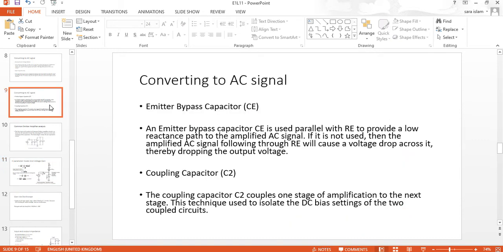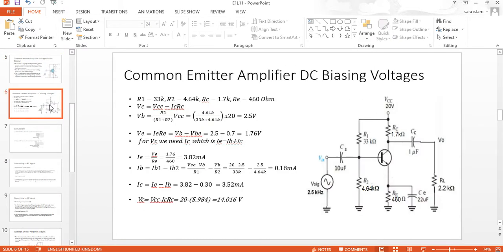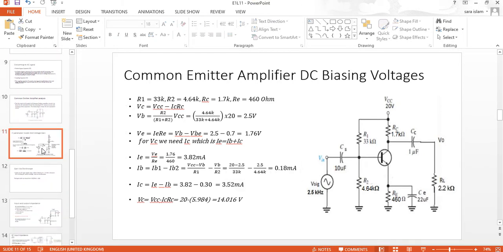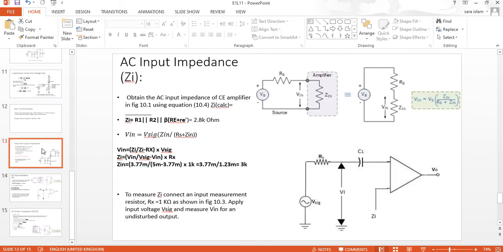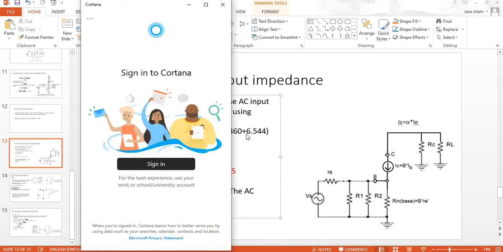That was your DC biasing part. Biasing is so interlinked here; when you do calculations, you need these values. This was your IB and this was your IC, 3.52 and 0.18, and you use these two values to calculate your beta. When you multiply all of this, you get 9K.